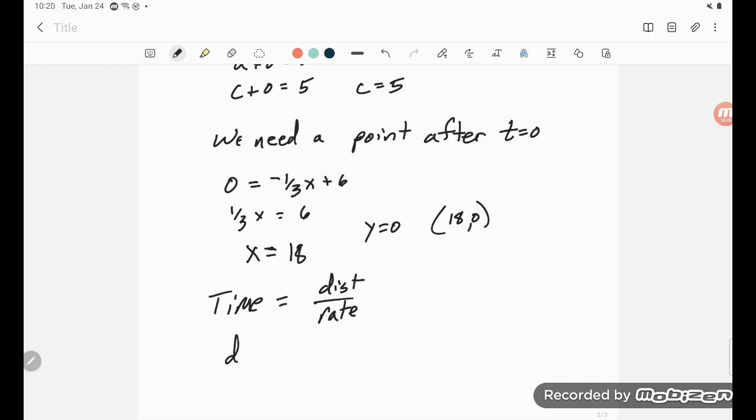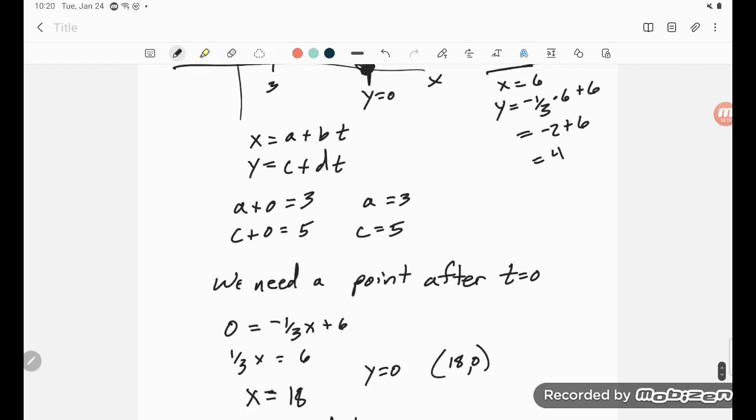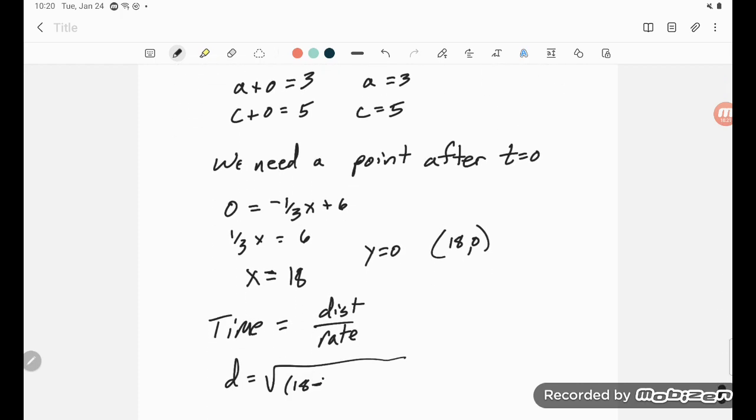Our distance between the 2 points is the square root of 18 minus 3 squared, plus 0 minus 5 squared.